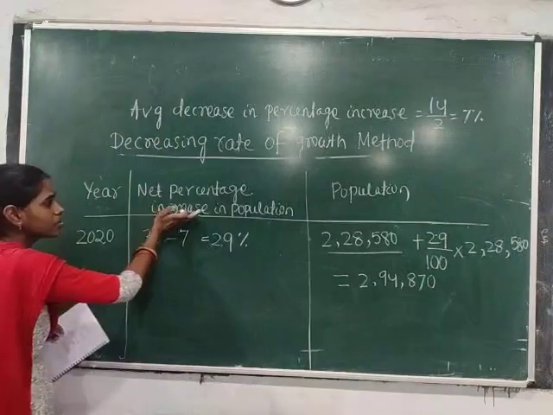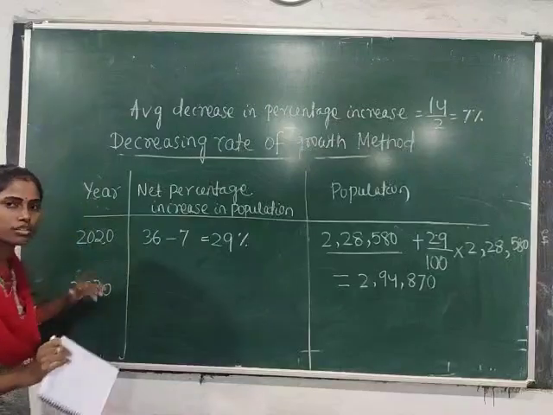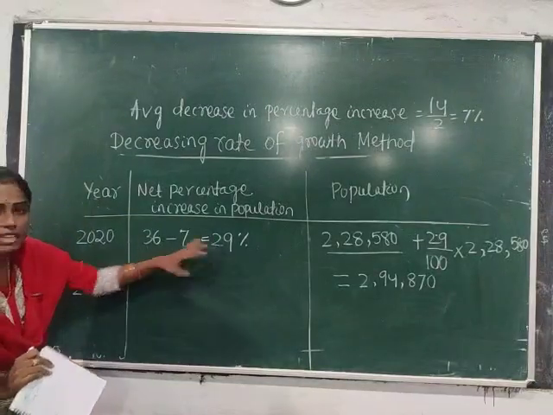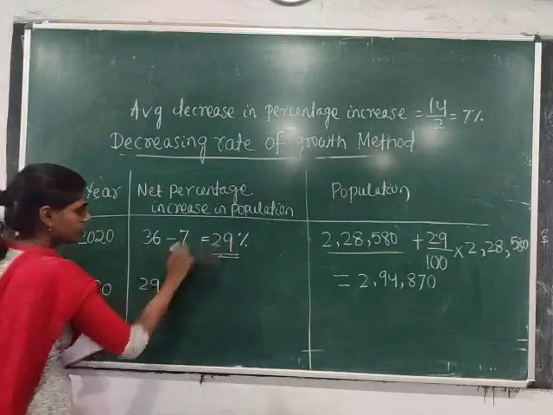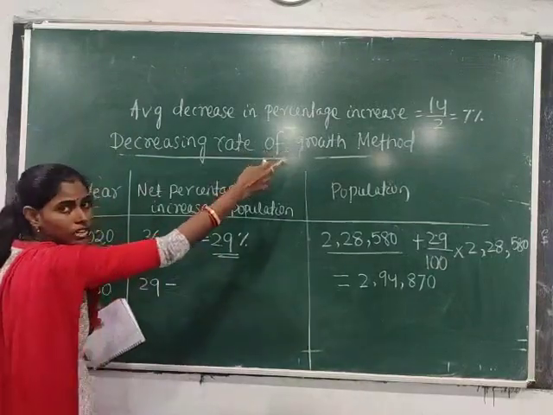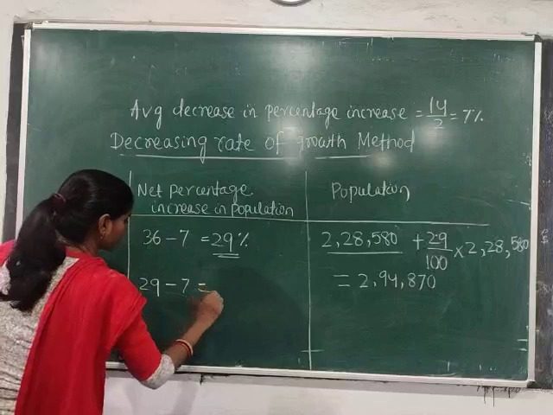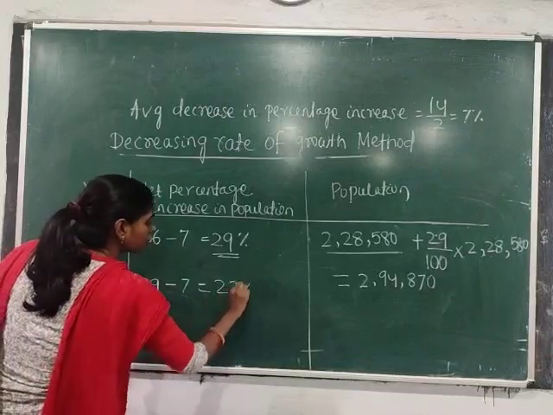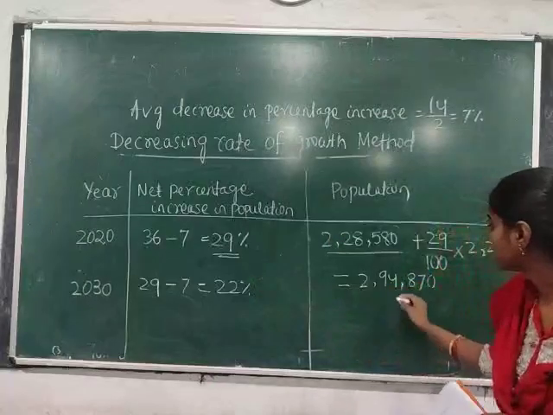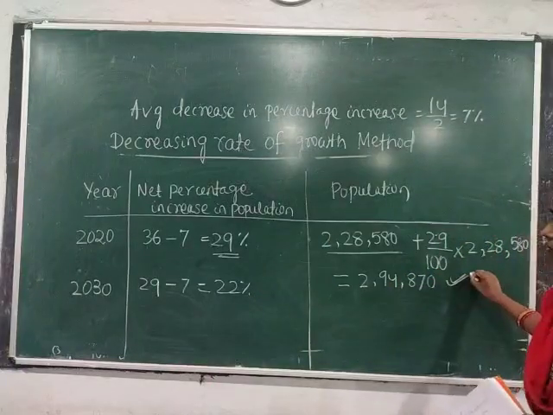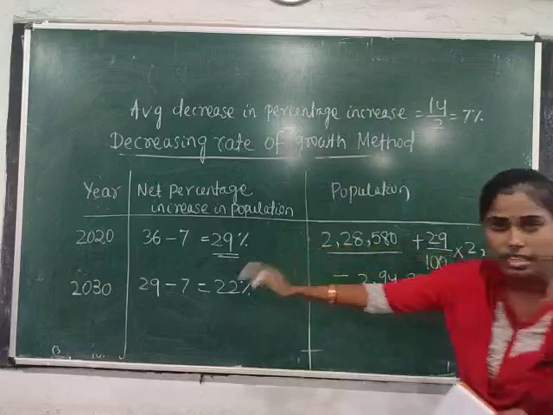Then similarly for 2030, what will be the net percentage increase in population? For 2030, 2020 is the latest one and the percentage increase is 29. From 29 we will subtract the average decrease, that is 7. So, it is 22%. Then what will be the population for 2030?